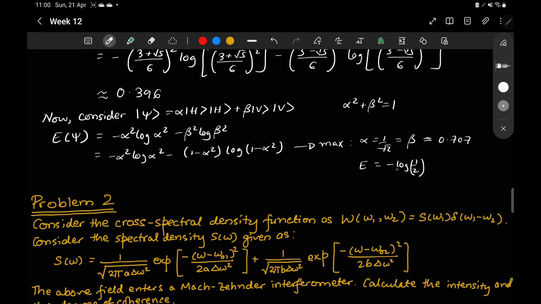So how I got this is basically, this is minus 1 by alpha is 1 over root 2, so that squared will be 1 by 2, and then you have the same value for beta, so this gives you this.